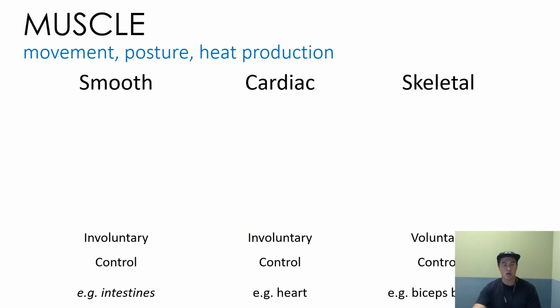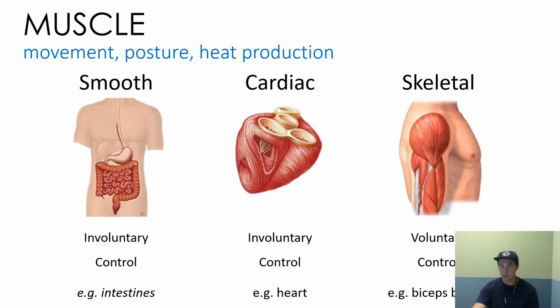Muscle cells we're pretty familiar with now. As of last week we covered these. The same picture was in last week's PowerPoint, but we have smooth muscle, which is involuntary, and it moves digestive material through our system. I mentioned last week that if you were standing on your head, you could eat lunch, and that food would still move against gravity because of the smooth muscle inside your hollow digestive organs.